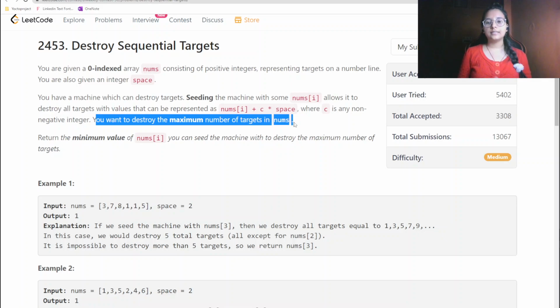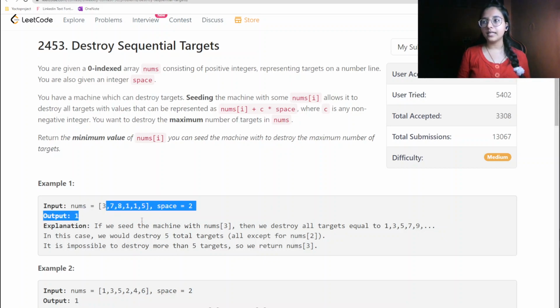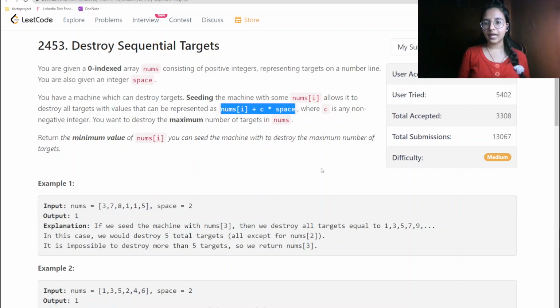So we are required to choose one integer from this input, and this integer is required to complete this formula. On the basis of this formula only, we will be figuring out which elements would be destroyed from this array.